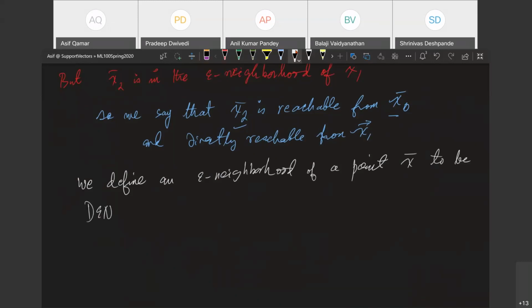This is the word, dense, if we can find some neighbors inside the neighborhood.